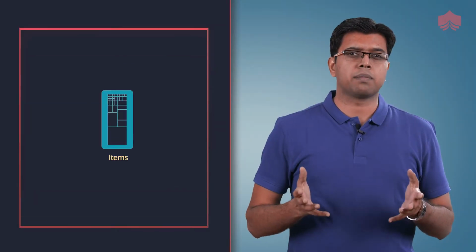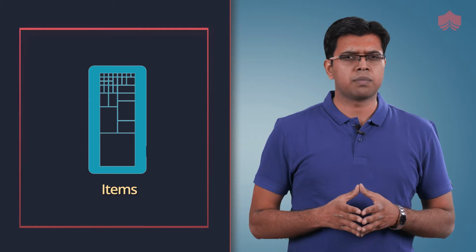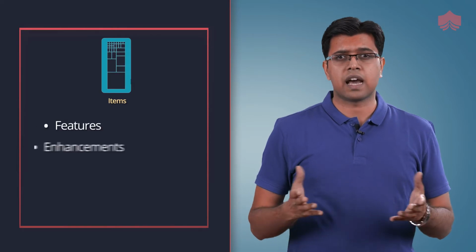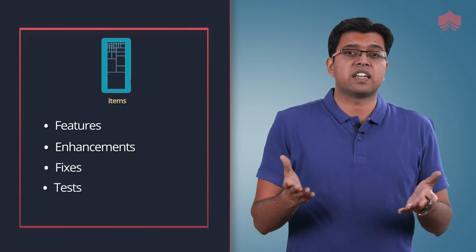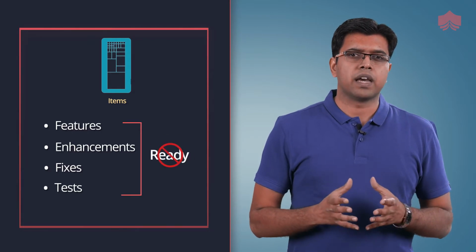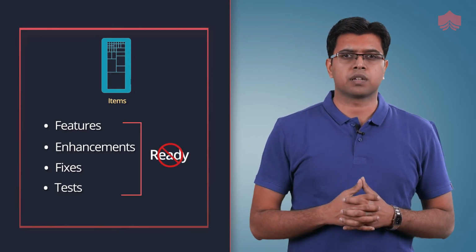But when it comes to the product backlog items, well, the product backlog does not have just features or just user stories. It has features, enhancements, fixes, even tests. A common definition of ready cannot apply to all of these different types of product backlog items. And that's the reason why we do not have one.